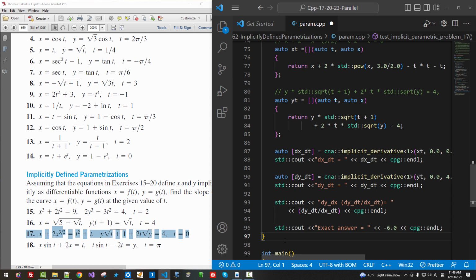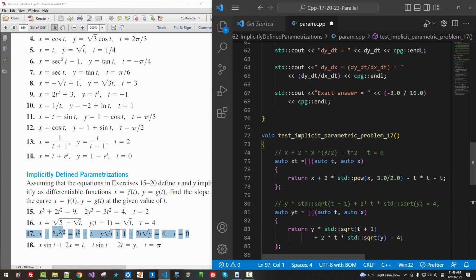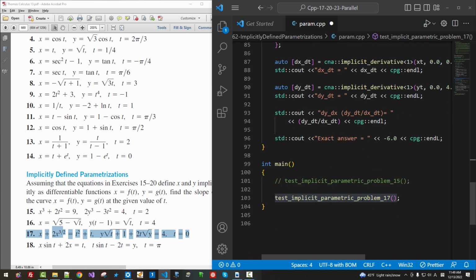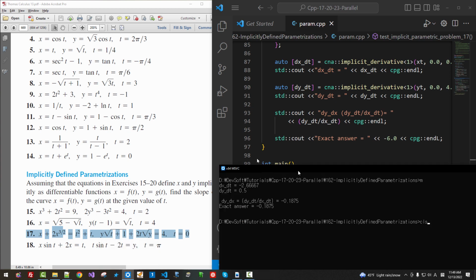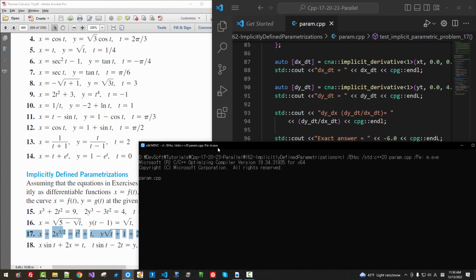Now we copy and paste this function in the function main. We build again, hit enter.